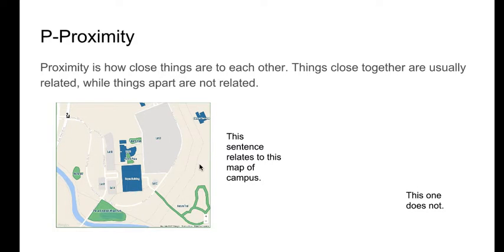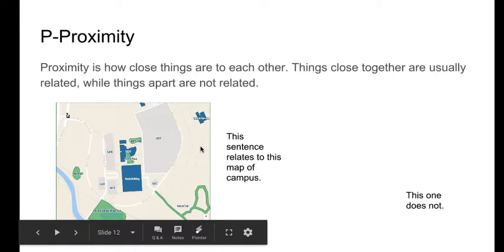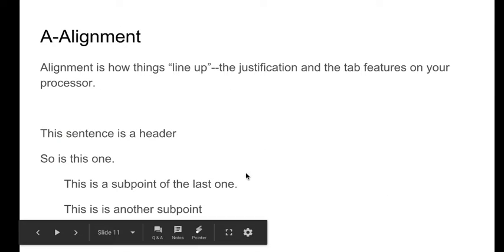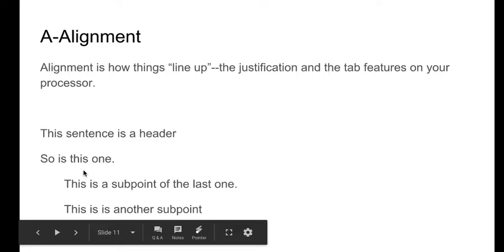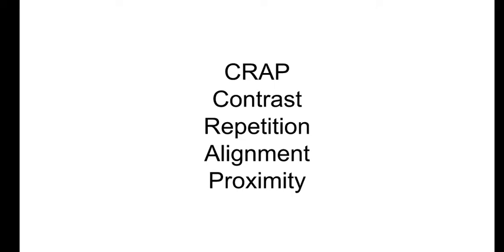So something close together is seen related, and something far apart is seen not related. So I would imagine this belonging together and this not. You can see this also back here. These subpoints are next to this point, they're not next to this one. And so you see that these two subpoints relate to this sentence here.